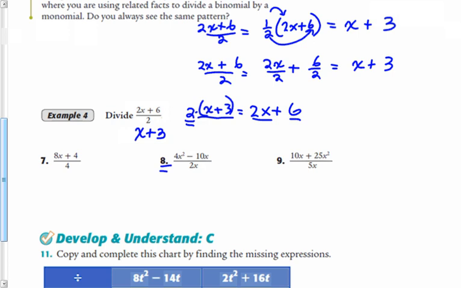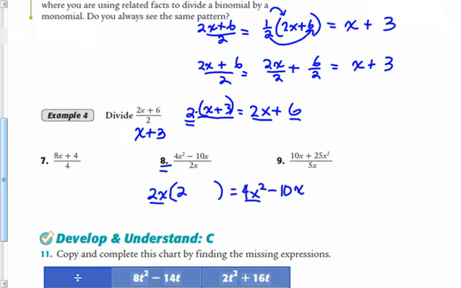Let's look here at number 8. We're going to do 4x squared minus 10x divided by 2x. So let's try and think of what number times 2x, and I'll use parentheses here, equals 4x squared minus 10x. So what number times 2x equals 4x squared?